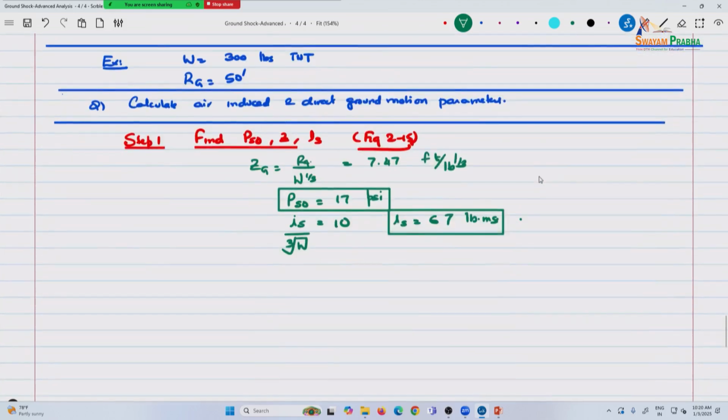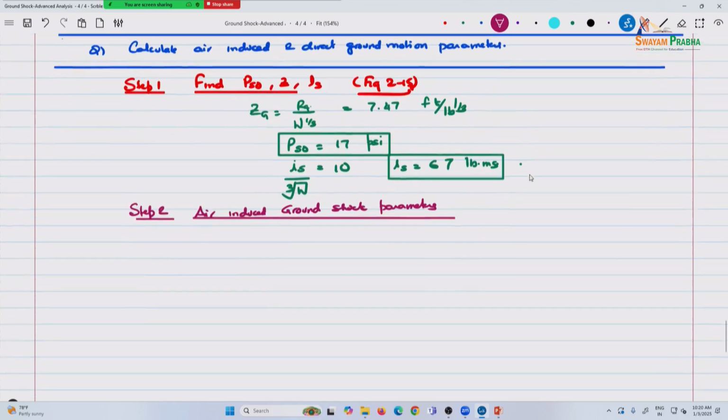Then we calculate the air induced ground shock parameters, starting with the maximum velocity. V sub V is PSO divided by rho multiplied by Cp.